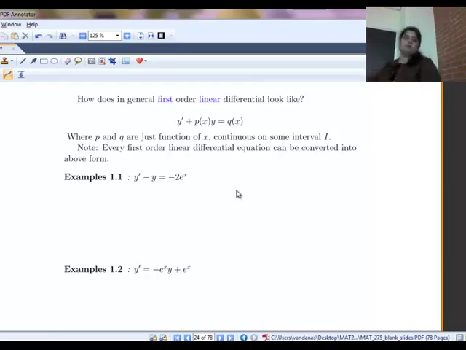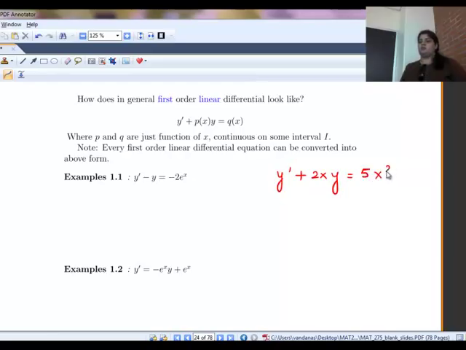Is this differential equation separable? Let me give you values of p(x) and q(x) and you can play around with that. So y prime plus, say, 2xy equals 5x square. Is it a separable differential equation?